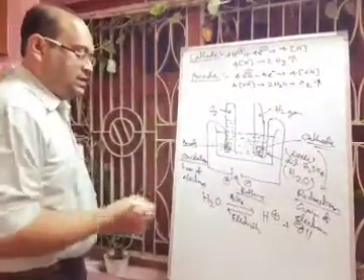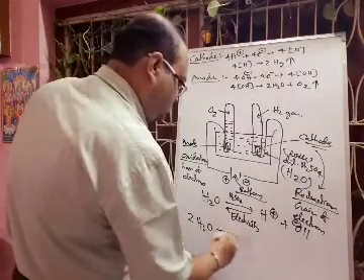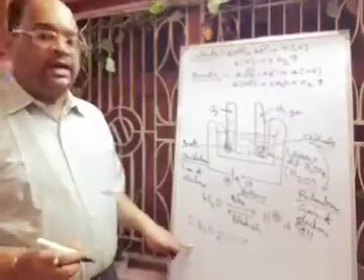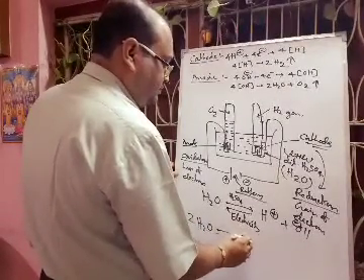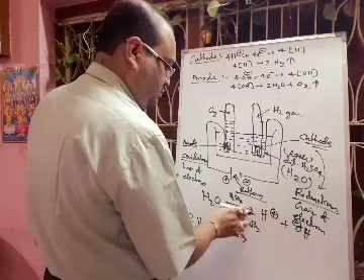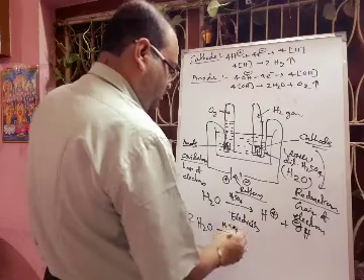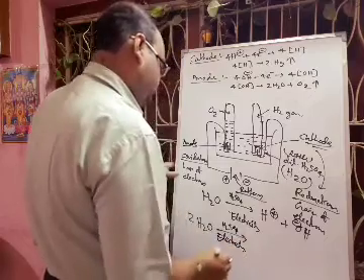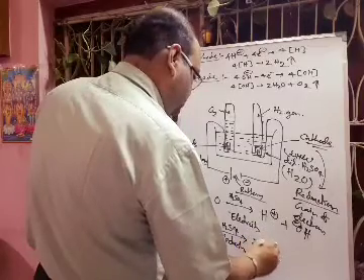So overall reaction, here we can write 2H2O, a reversible sign not required, that we are adding H2SO4 and passing electricity, that will form 2H2 plus O2.